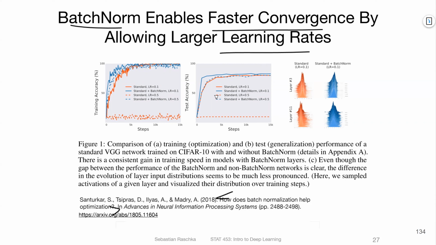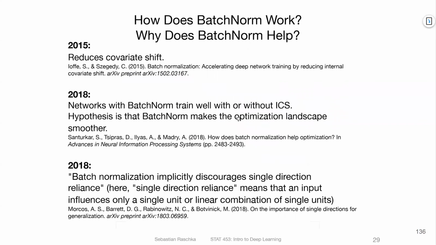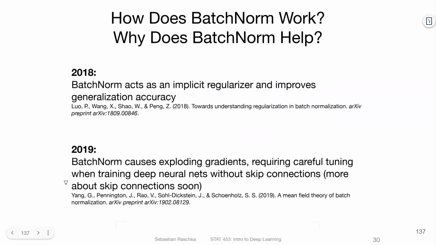Therefore, when you're training your network, if you want to use larger learning rate, you better employ batch norm. And this paper claims that the good performance of batch norm seems unrelated to covariance shift prevention. They analyzed this effect. And there are, as I told you, numerous research outcomes to interpret the behavior of batch norm, like this.